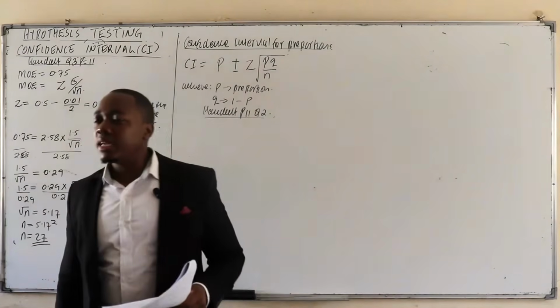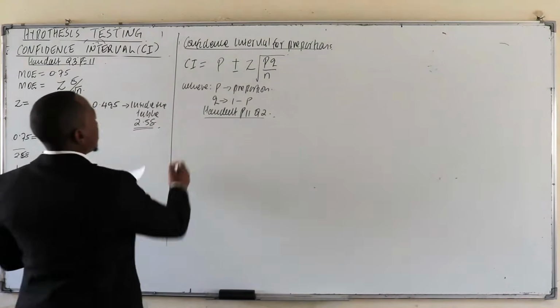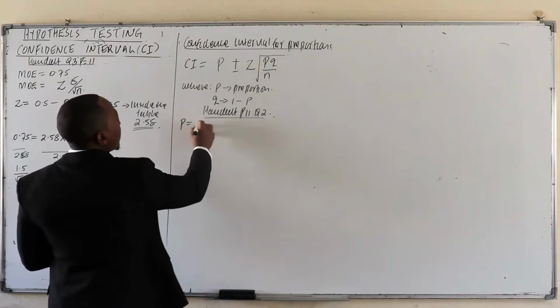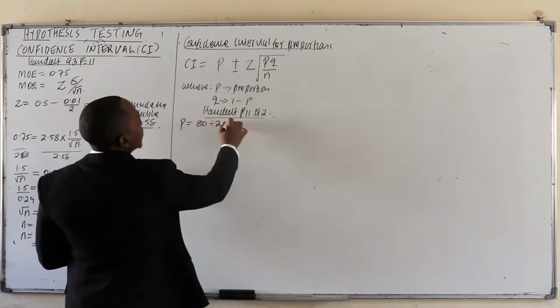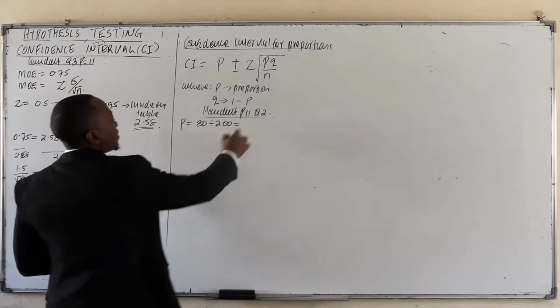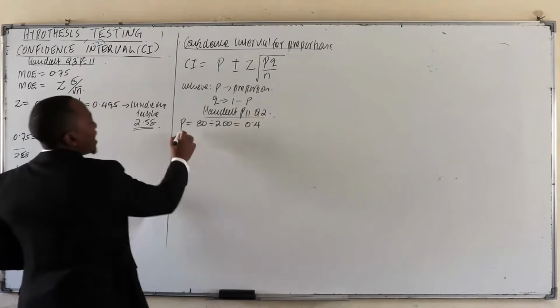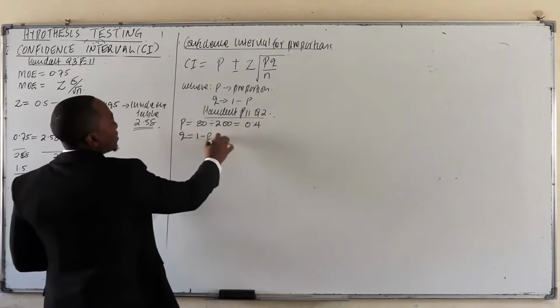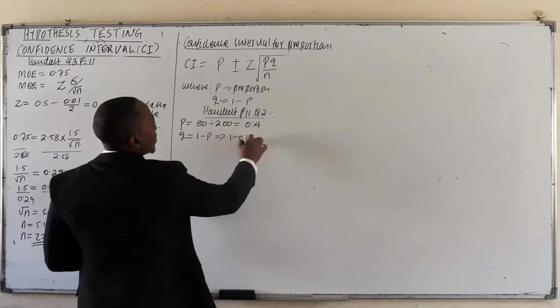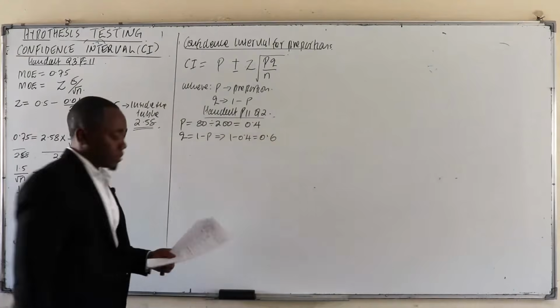So what's the proportion? The proportion is 80 over 200, of which you get 0.4. That means Q is 1 minus P, which is 1 minus 0.4, which is 0.6.